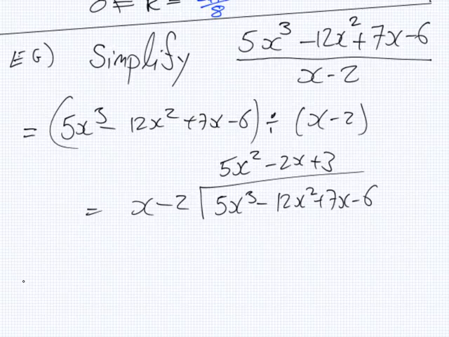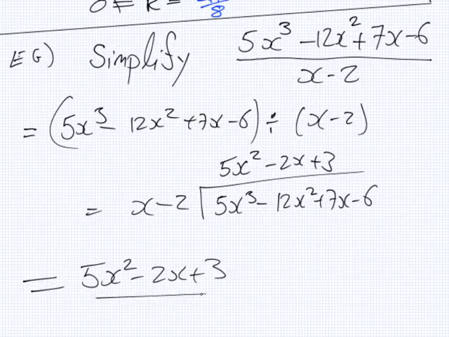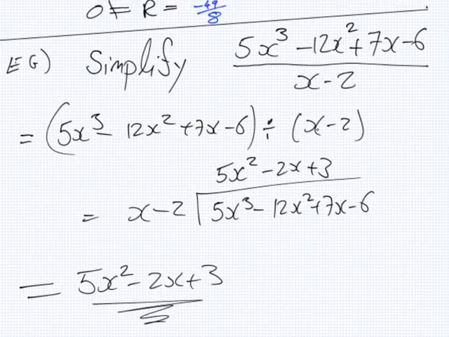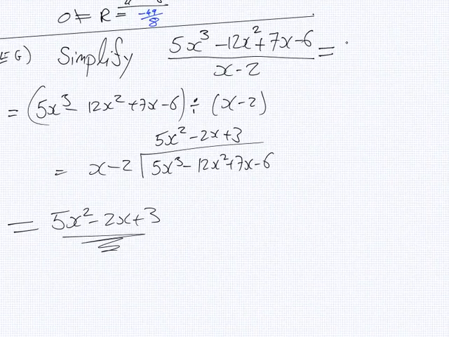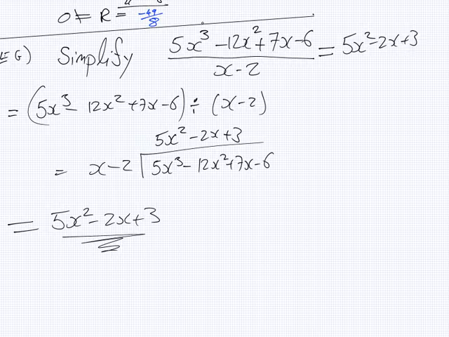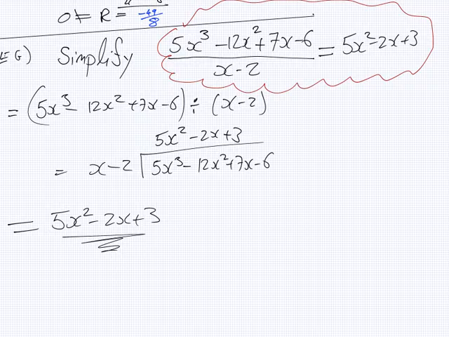So that means this simplifies to 5x squared minus 2x plus 3. So this is the answer. This over this is equal to 5x squared minus 2x plus 3. This is how you would need to write the answer in the exam. Okay. Right. Next now.